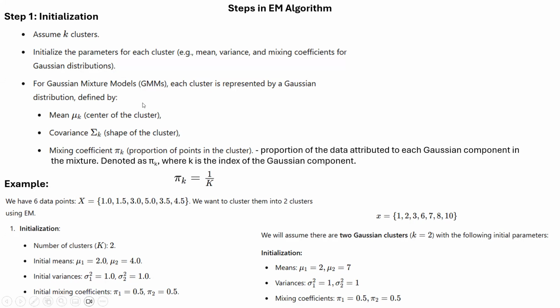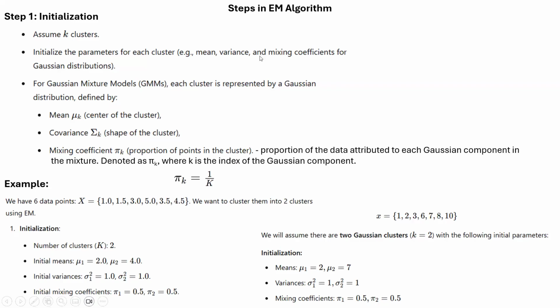For a Gaussian distribution, we have the parameters mean and variance, right? Along with these, we also have another parameter called the mixing coefficient. We will understand how we choose the mixing coefficient shortly. But these are the parameters that we initialize when we are trying to use the EM algorithm.